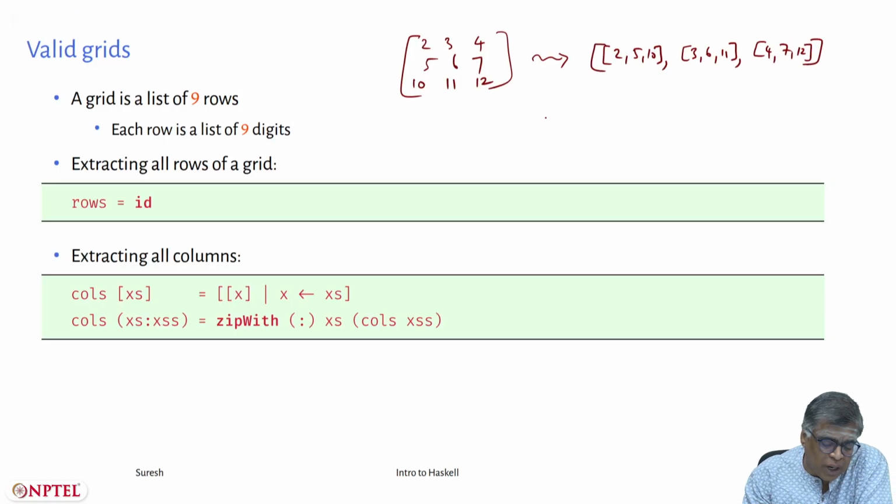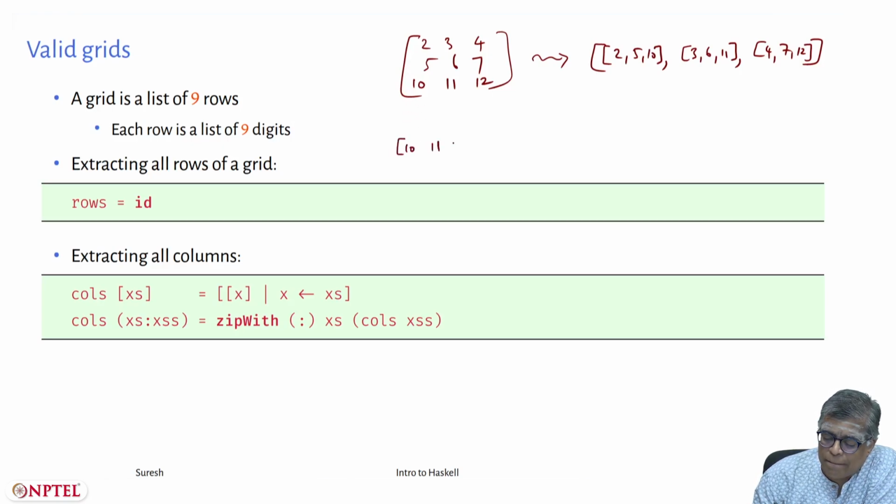And how do I do that? The way to do it is as follows. This is a recursive function. If I need to find the columns in 10, 11, 12, that will become 3 columns, and each column is a list: 10, 11, 12.